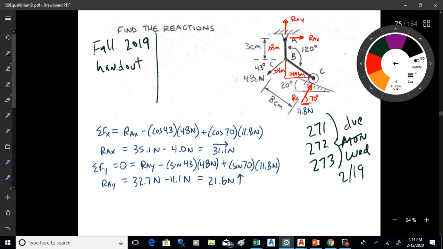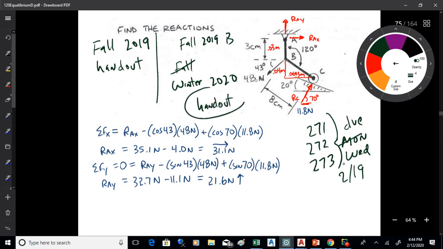If you have a newer edition of the book, which would be fall 2019B or winter 2020, you don't need a handout, okay? So if you need a handout, I've got them. I've got replacement problems for those three here in my hand, okay? Same thing online. These are posted for those of you online in Moodle, the replacement problems. So use the newer problems.